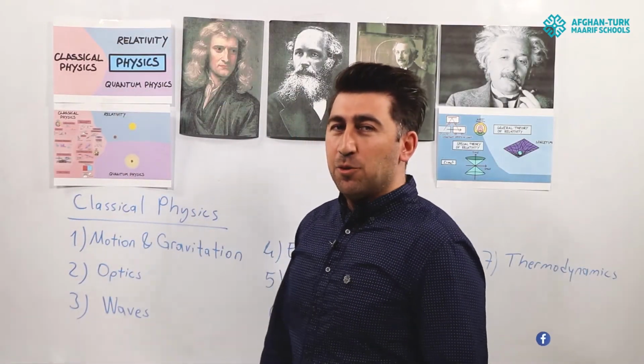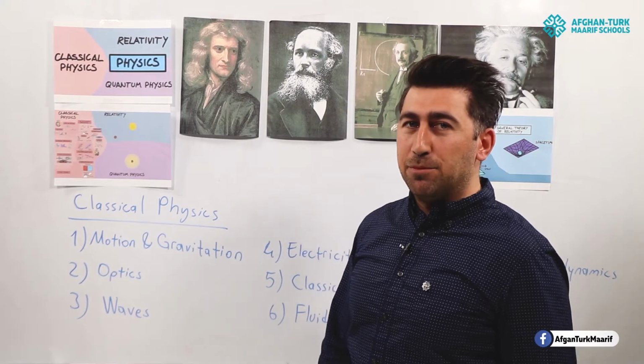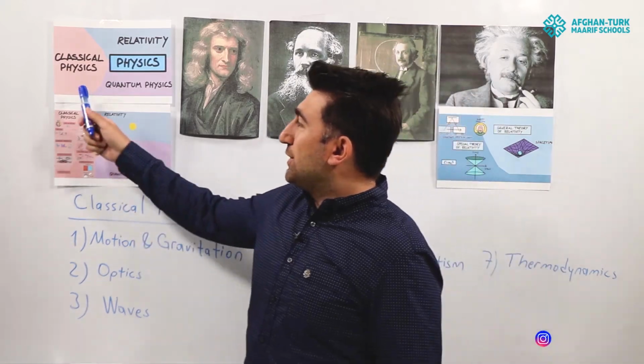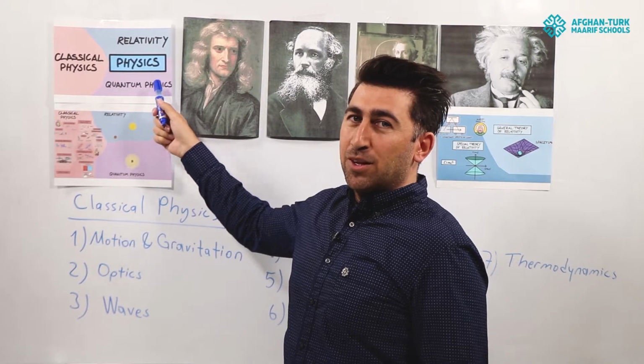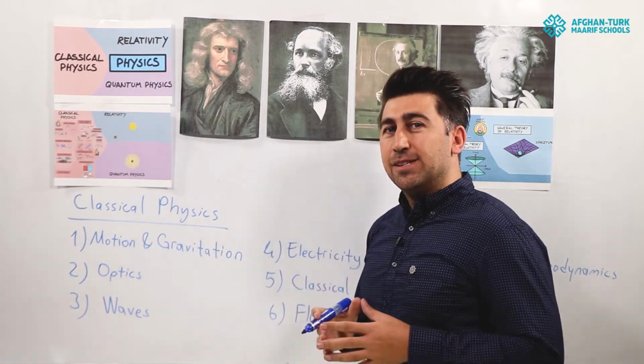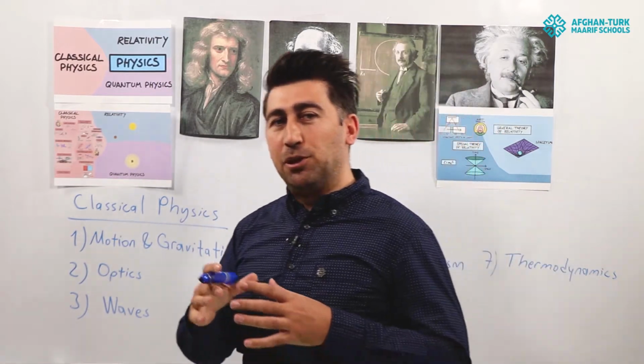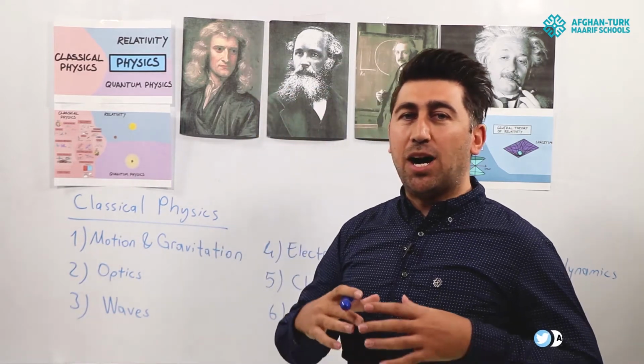In general, we can examine physics in three main parts. I call this one the map of physics. First, classical physics, relativity, and quantum physics. Well, you are only going to study the subjects that belong to classical physics throughout high school.